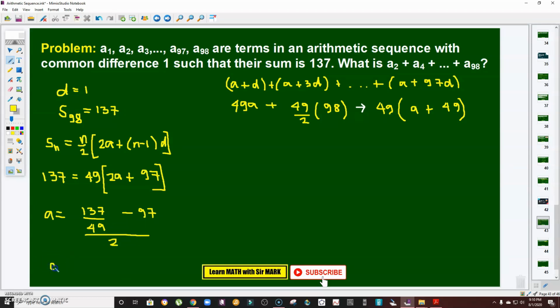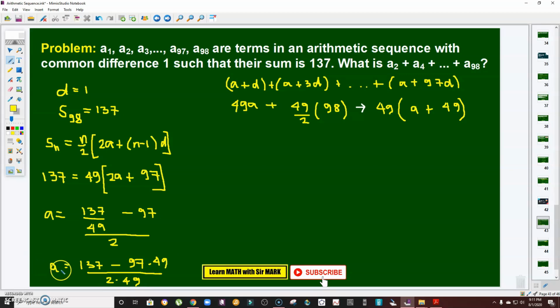And you can further simplify this as a equals 137 minus 97 times 49 all over 2 times 49. Again, I simplified this. Notice, guys, I did not multiply 97 times 49. I'll just leave it as is.